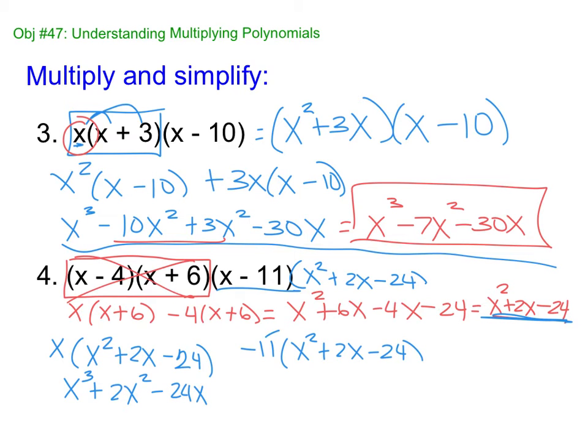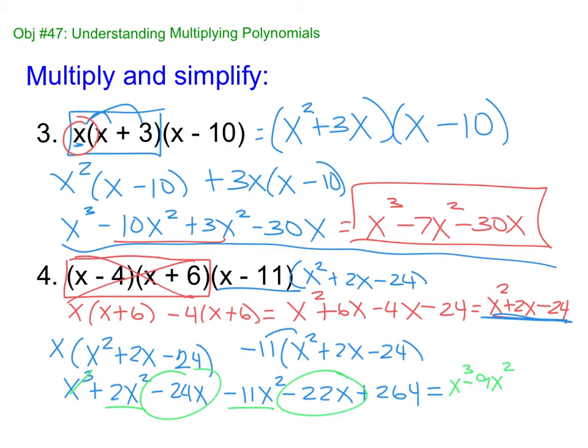Don't forget to distribute the negative: negative 11x squared minus 22x plus 264. Combine like terms, and we get x cubed minus 9x squared minus 46x plus 264. And that's my answer.